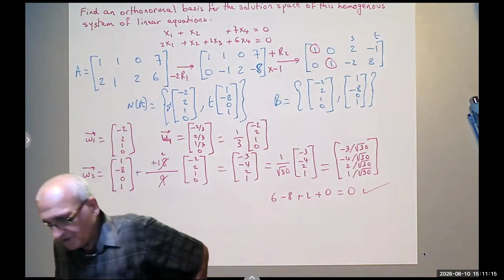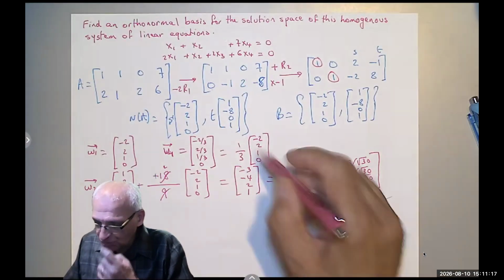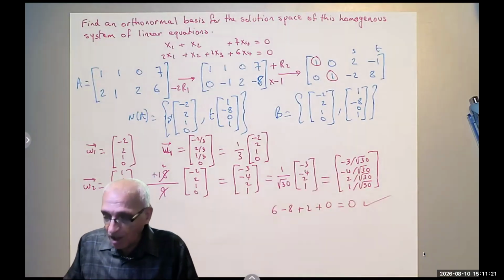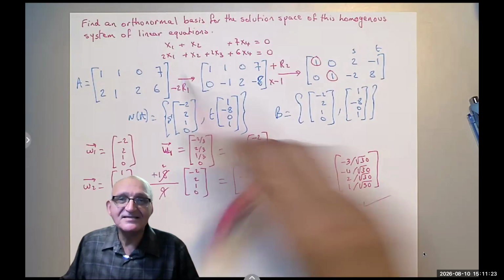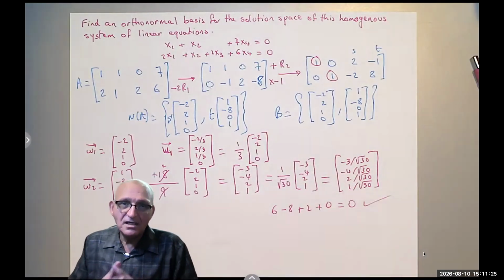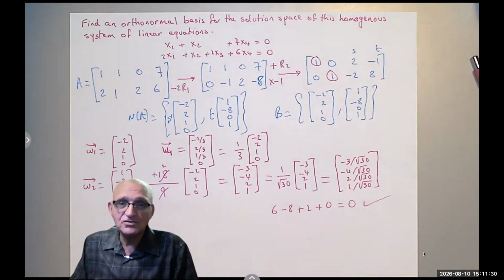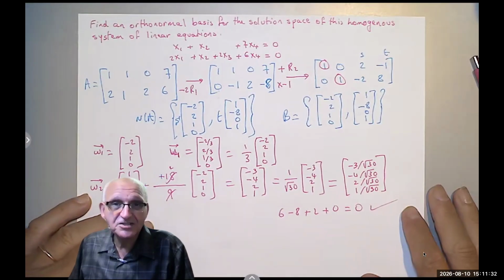So I know that these two vectors are orthonormal vectors of the solution space of the two equations in four unknowns.